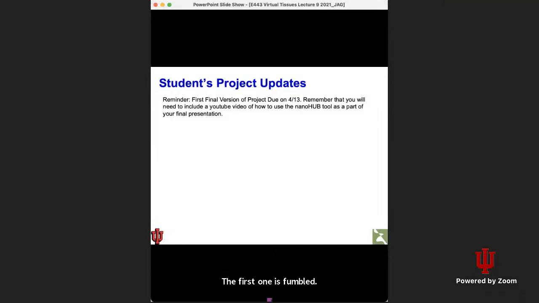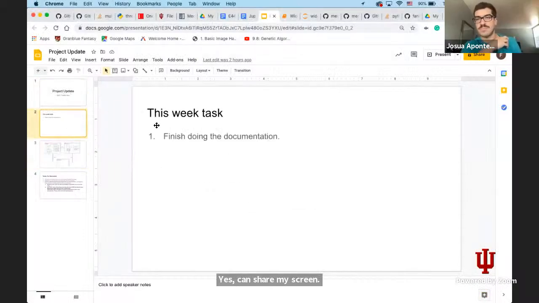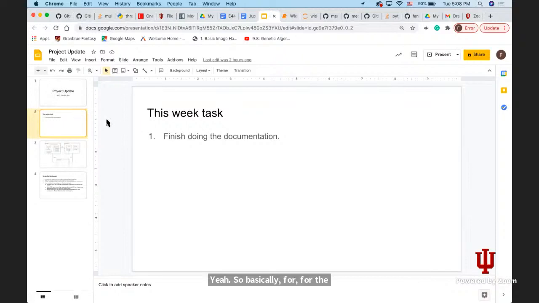Yes. Can I share my screen? Yeah. So basically, for the last week task, I finished doing all the documentation, trying to generate some diagrams, trying to structure my project.